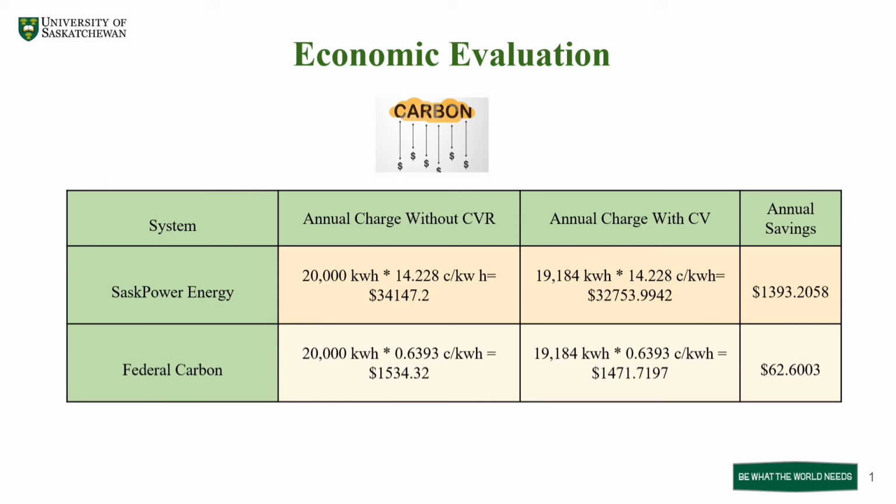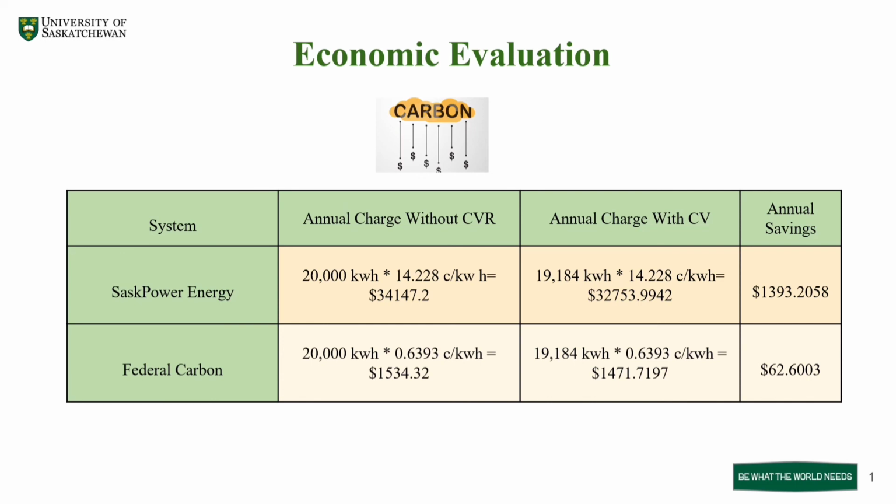However, after CVR implementation, the university is consuming 20,000 kilowatt hours times 0.0408, which equals 19,184 kilowatt hours. This results in a net annual charge of $32,753.99. If we subtract the annual charge with CVR from the annual charge without CVR, we get the annual savings of $1393.2058 in SAS Power energy charge.